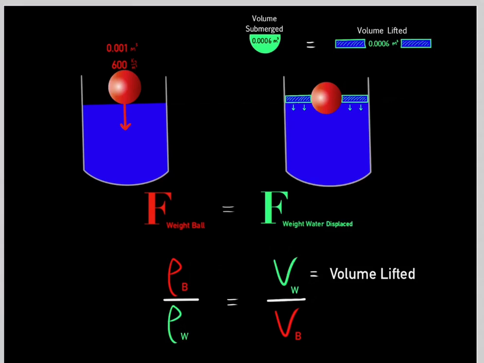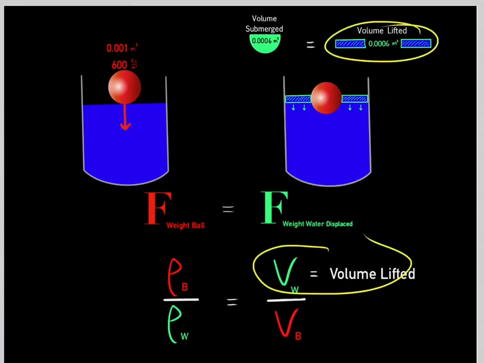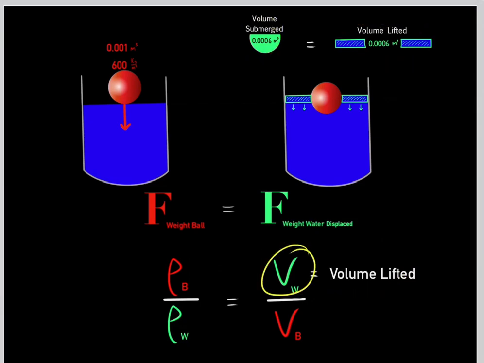So if this equals the volume lifted, which equals the volume of the ball submerged, therefore this equals the volume of the ball submerged. So go back and rewatch that if that was confusing. But again, this equals the volume of the ball submerged.